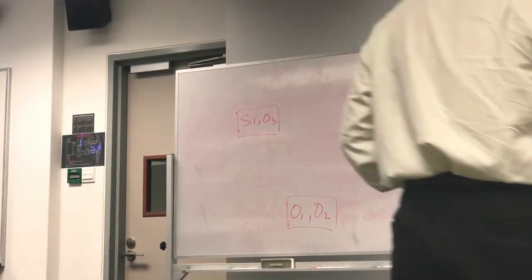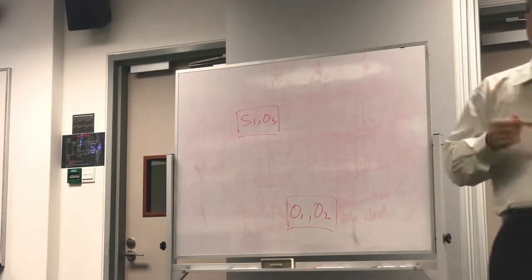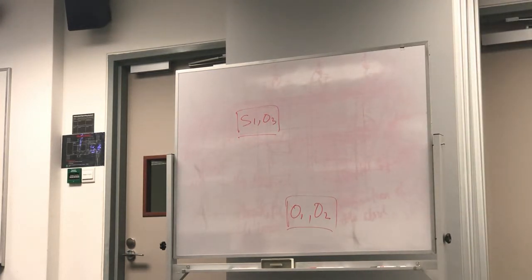Now O3 with respect to S2, S4, S5: no write down, but you can write up. So that means S2, S4 and S5 are below O3.